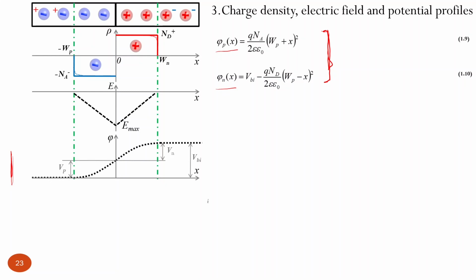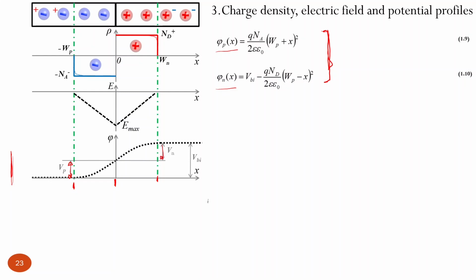So we have a certain potential difference between the edge of the depletion region in the p-type and the interface. So this is VP, and also between the interface and the edge of the depletion region in the N-type semiconductor.